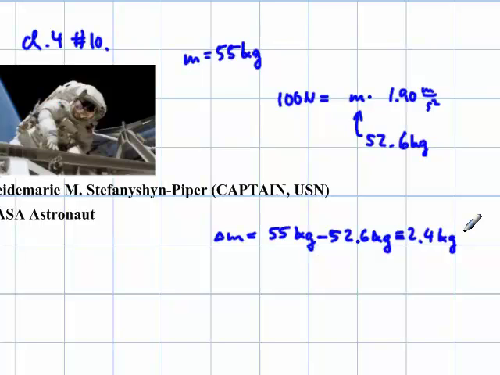So they're on an interesting diet. So it's important for them to actually keep track of their mass.